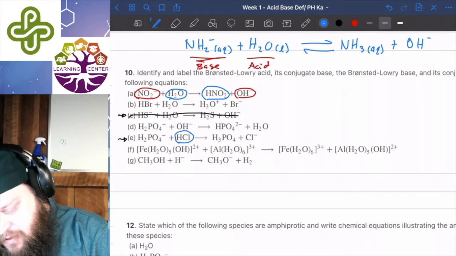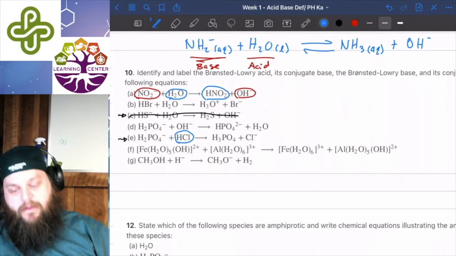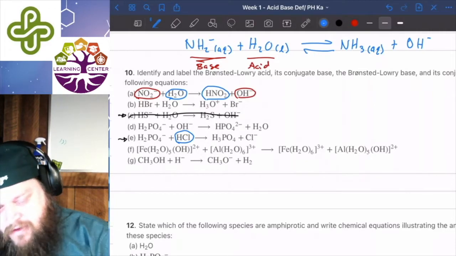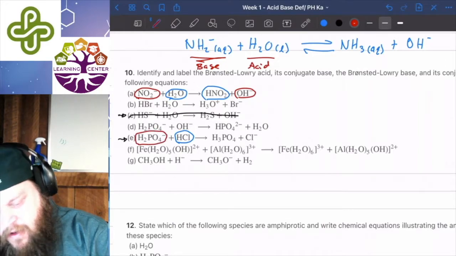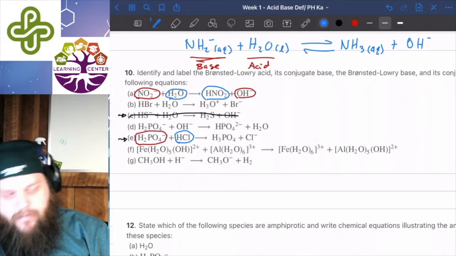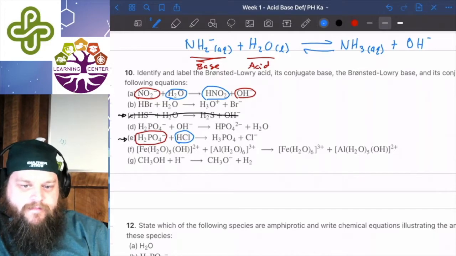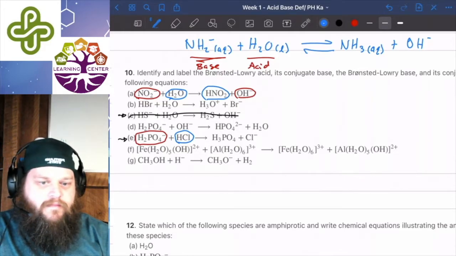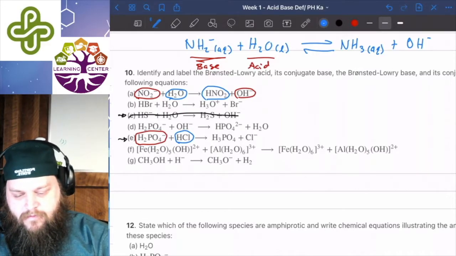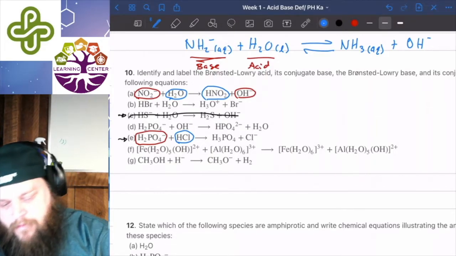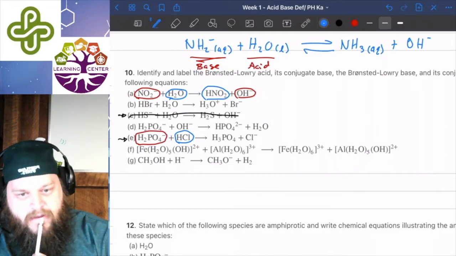And HCl is one of our strong acids, so it always completely dissociates. So then that would make this one the base, right? What would the conjugate acid be? So that would be the conjugate base, Cl minus.